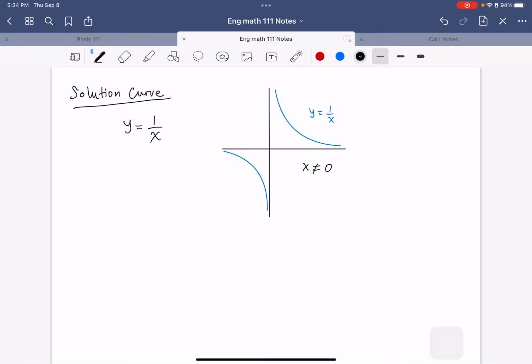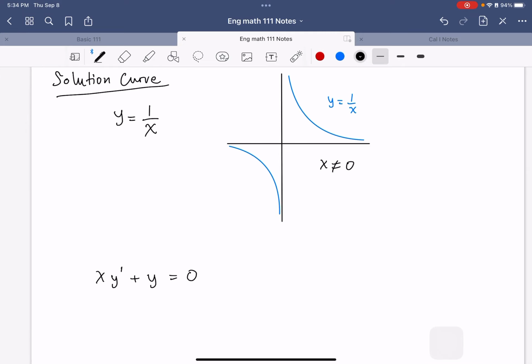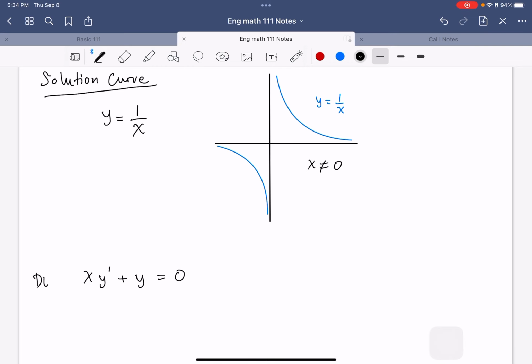Okay. But if we think of some differential equation, for example, xy' + y = 0. So if we think of this differential equation, this y equals 1 over x, if we try to check the solution, and if we try to find the first derivative, what's the first derivative?